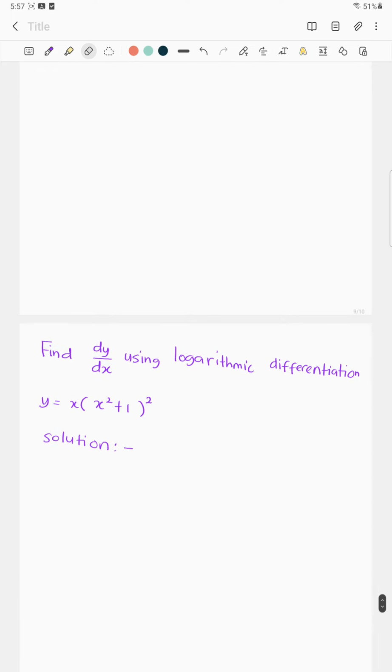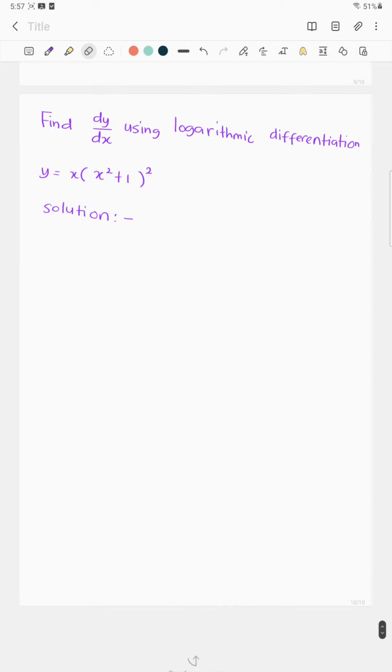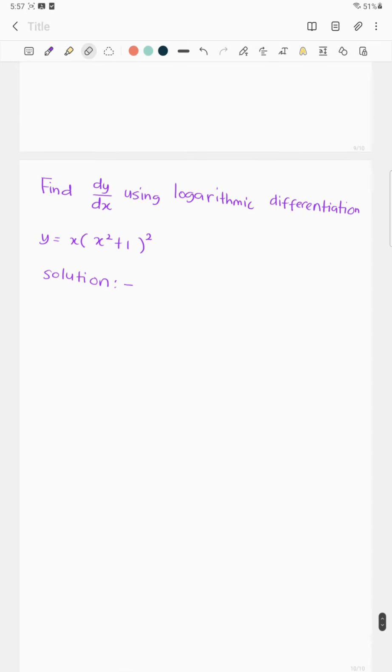The logarithm differentiation. The question asks us to differentiate this expression using logarithm differentiation. It can be in terms of log or ln, but I prefer to do it in ln. Usually we solve it using ln.